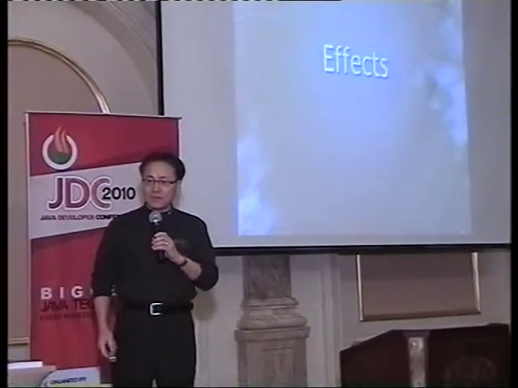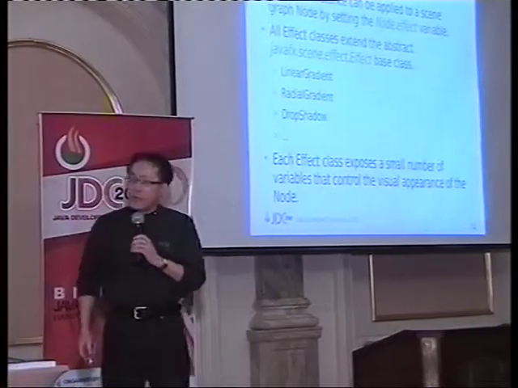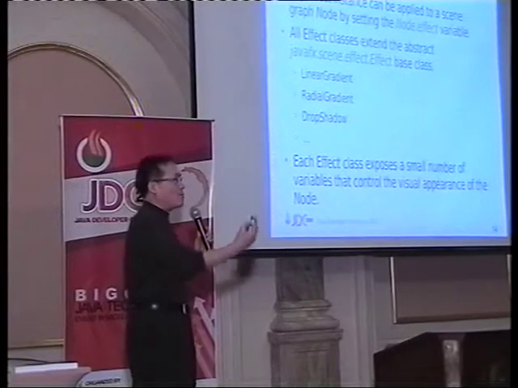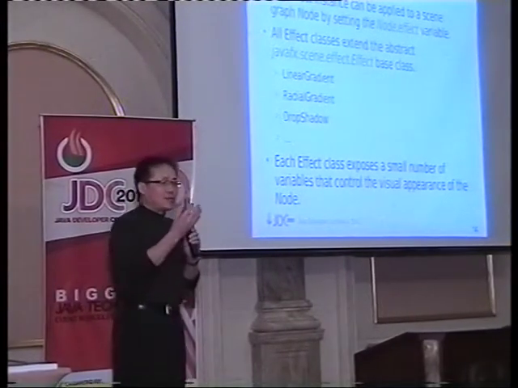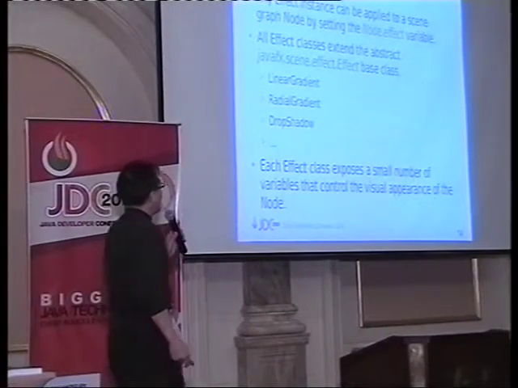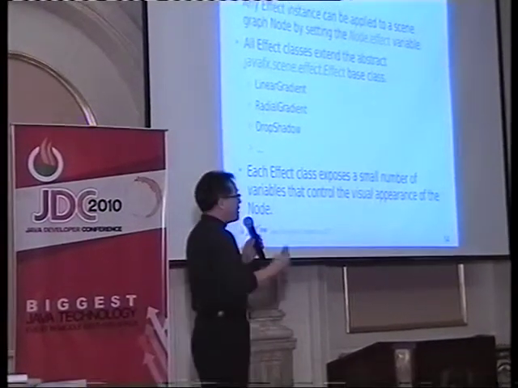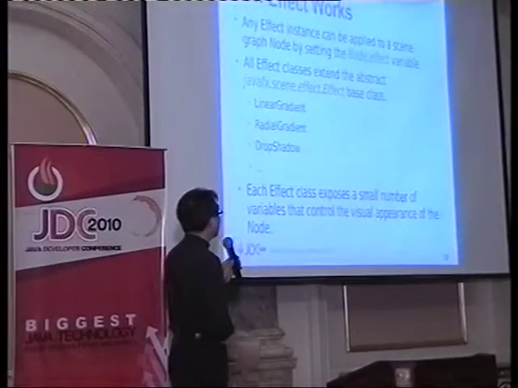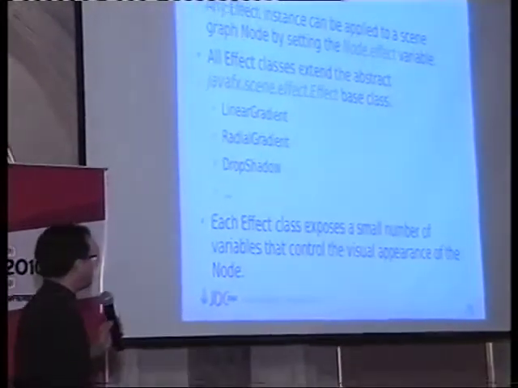So let's talk about these 4 things, effects first. Effect is basically one of those 4 properties you can apply to each node of the scene graph. Now, every effect class is an extension of the JavaFX scene effect base class.